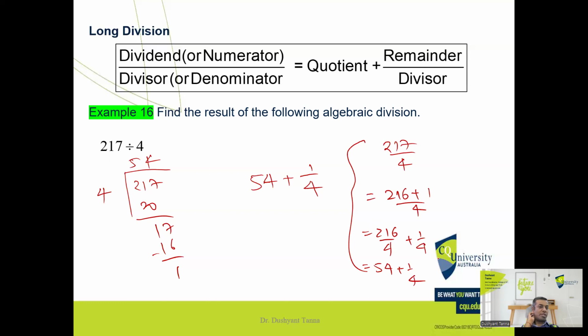We are left with a quotient that is 54, remainder 1. So we write it as quotient plus remainder over divisor, right? How does that work? 217 can be rewritten as 216 plus 1. How do we know? I was thinking about a multiple of 4. So 200 is a multiple of 4, then 204, 208, 212, and 216, remain 1. Separate it, so 216 over 4, and 1 over 4. That gives 54, and this gives 1 over 4. So there's another way of looking at the same question.